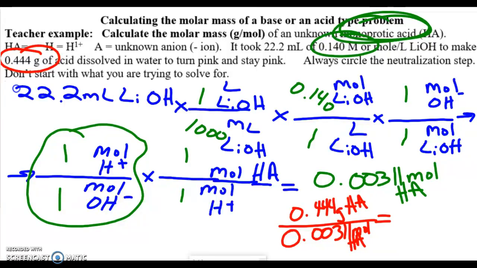I do that math and I get 143 grams per mole for HA. Then I can go on to the periodic table, calculate some molar masses, and figure out exactly what acid I have.